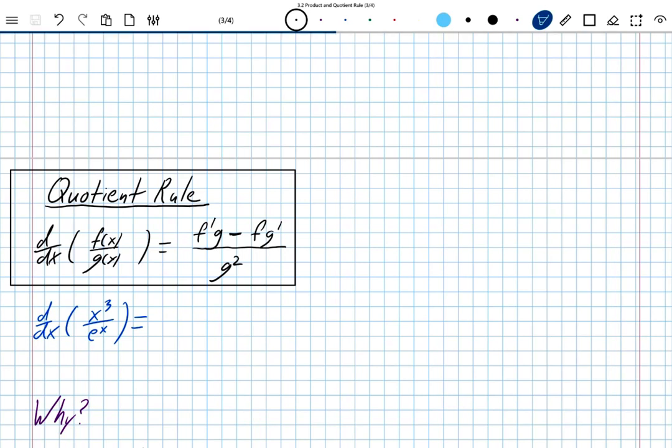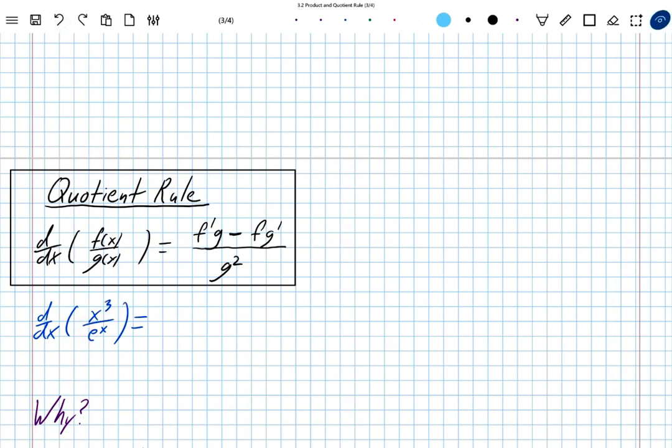In this fun example right here, we have the top function is x cubed, and the bottom function is e to the x. So what this is telling us, in fact, maybe I'll put a little work on the side. f prime of x is equal to 3x squared, and g prime of x is equal to the derivative of e to the x, which is just e to the x.